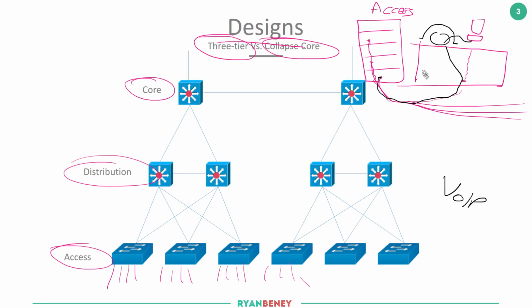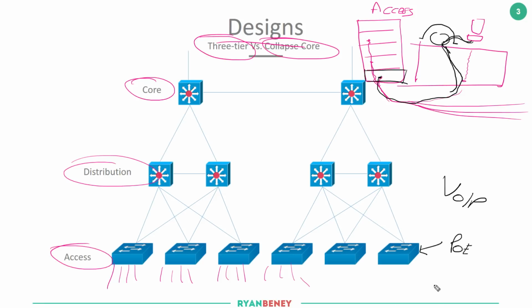The desk phone will get power from these access switches using power over Ethernet, and your PC traffic, if it needs to communicate with anything else, would go through the phone and then back down through the switch itself.